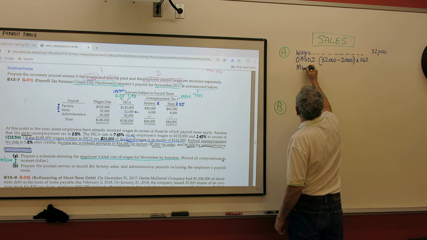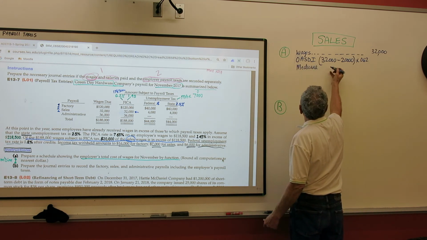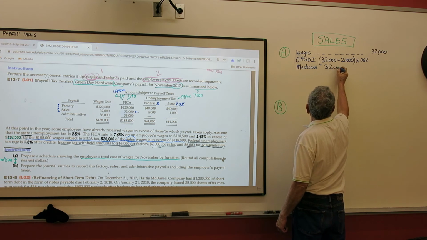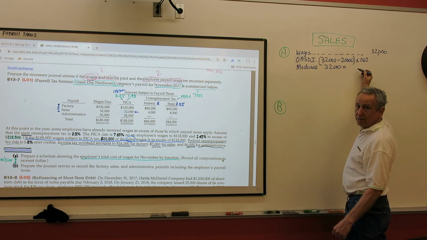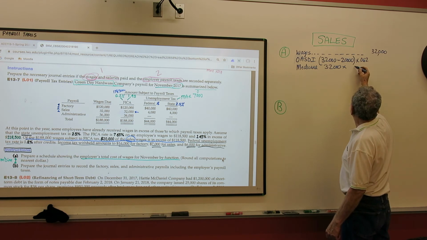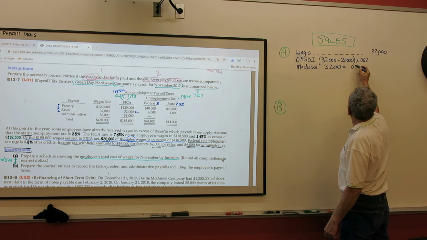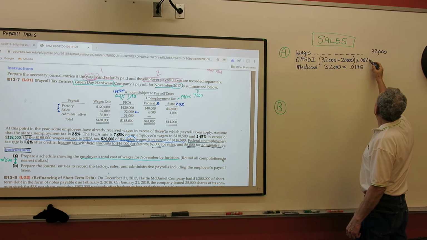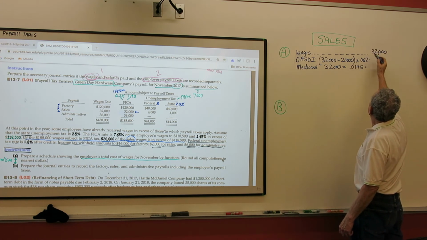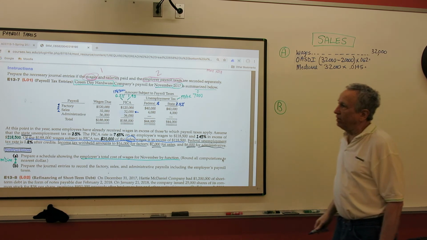Then for Medicare, that one is the full 32,000. You remember why? Because again, there is no ceiling. Sometimes they use the word ceiling. And that one's times 0.0145. We can get both those numbers in a second.